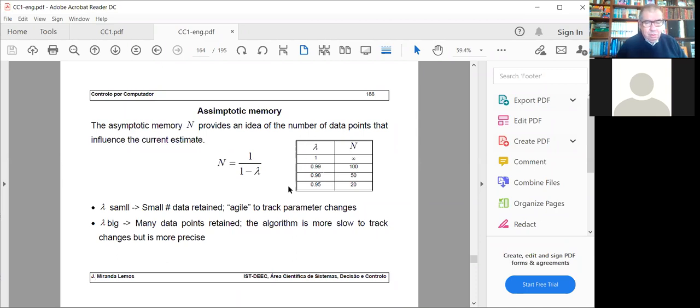So you have 1 or 2 samples that count. So 0.95 is already only the last 20 samples. So when you select this so-called forgetting factor, you should be careful and remember this formula, that this is a heuristic. I'm just doing a heuristic estimate of the number of the samples that count.